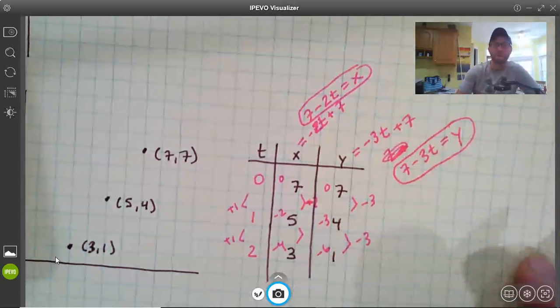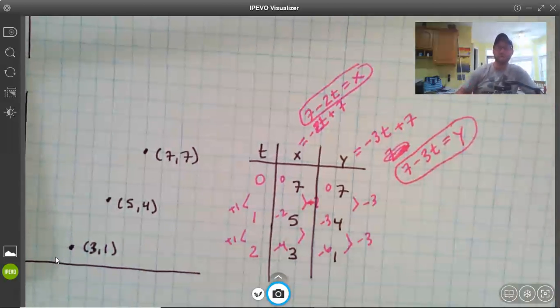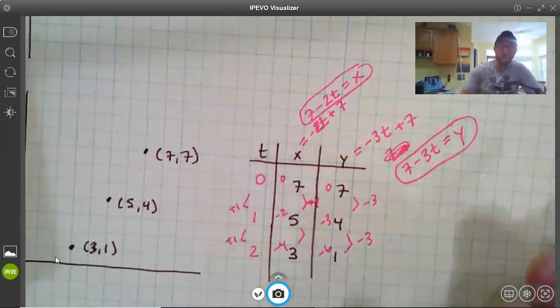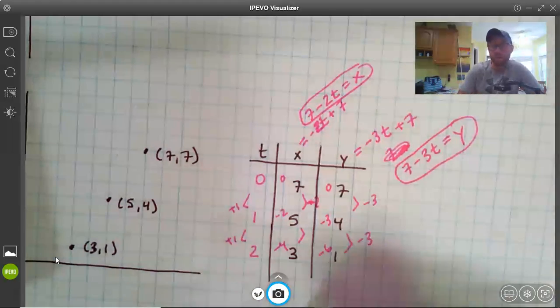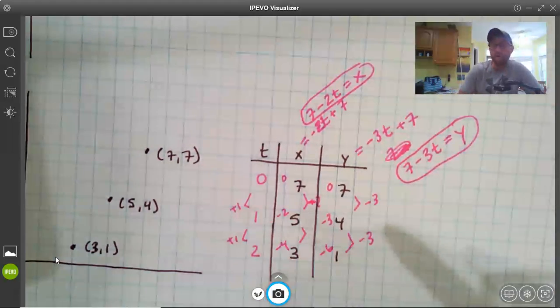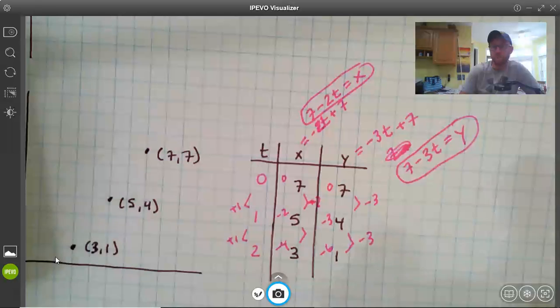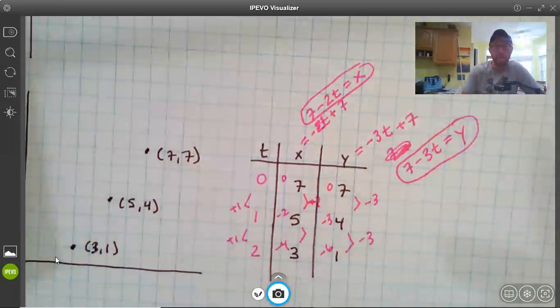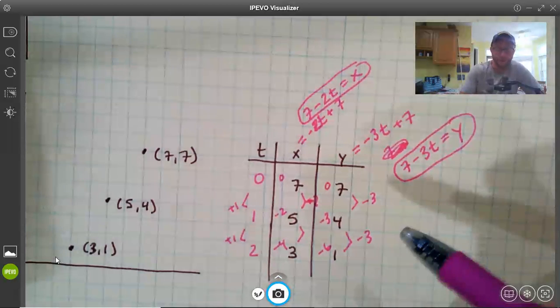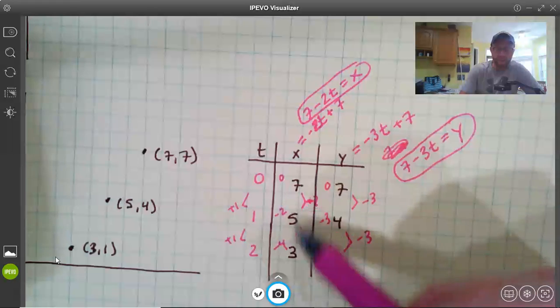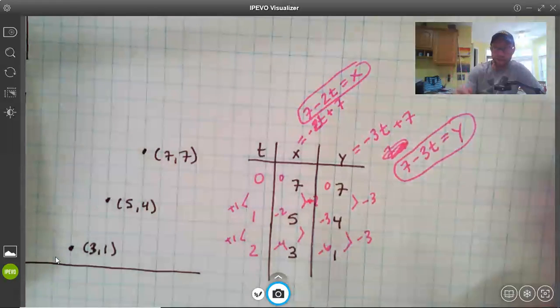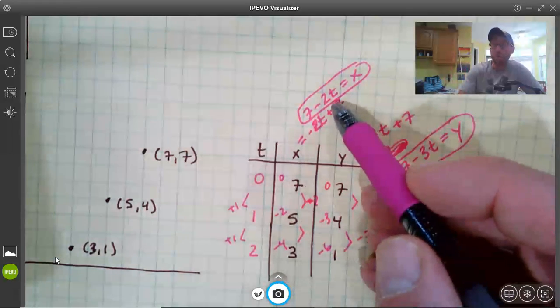So the process here is you plot your points, lay out your x-y table, put a column for t, and pick values for t. Pick something simple, 0, 1, 2, or 1, 2, 3, something like that. Don't make it super complicated on yourself. Then you look at your change in x with respect to t, and that tells you what your coefficient is.